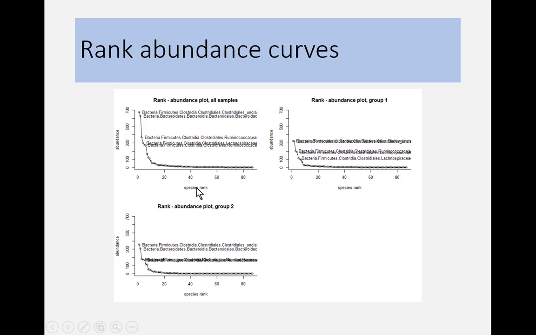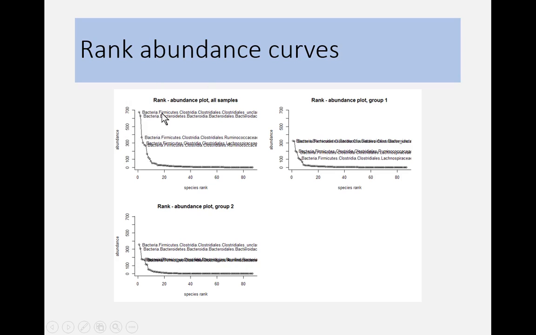We have the species rank, so we calculate how many sequences you have per species, and then you rank them. The species that has the most sequences is plotted here on the top left, and then the next one, and so forth. And the abundance, or how many sequences you have per species, is here on the y-axis.